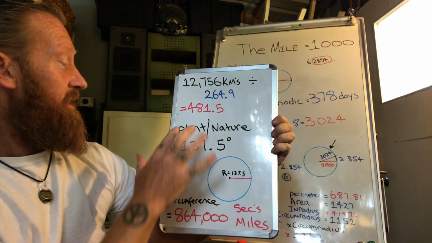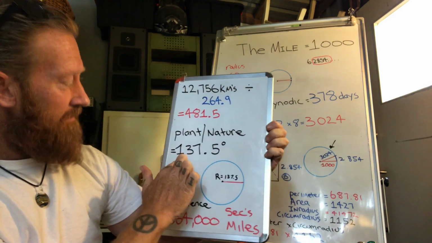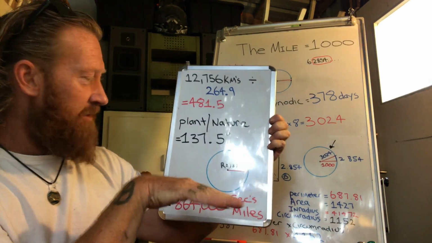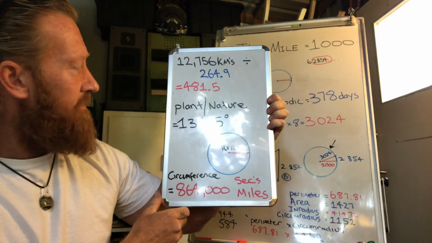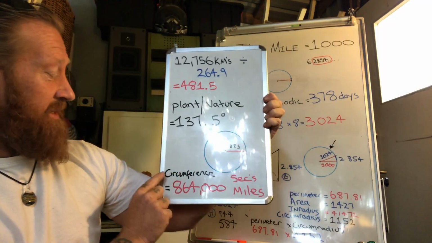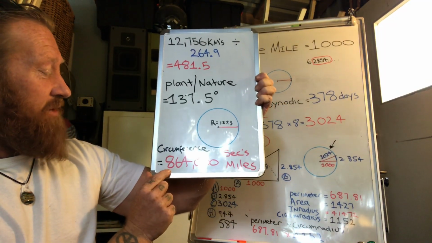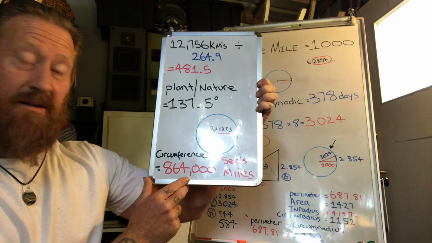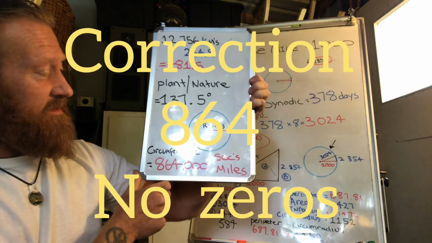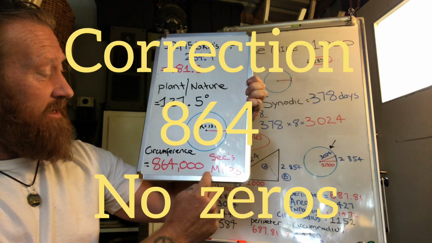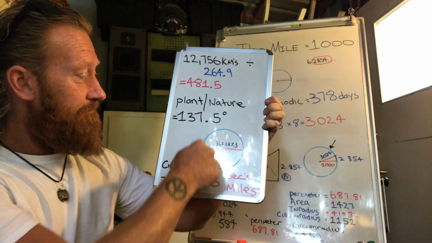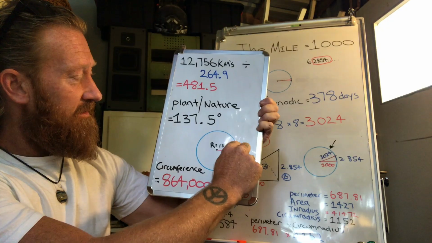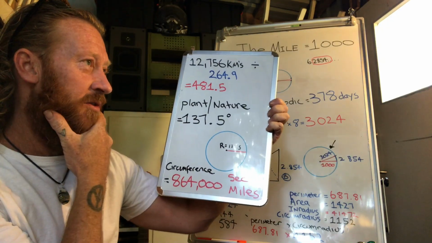Last one. Plants and everything, as we know, grow at a 137.5 degree angle. And when we take the radius at 137.5, we get the circumference of 864,000. So this is obviously seconds in a day and miles of the sun. So this is the sun, and that is the radius, the equatorial diameter of the sun.